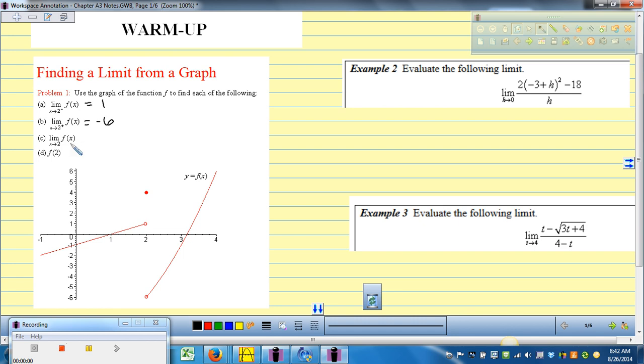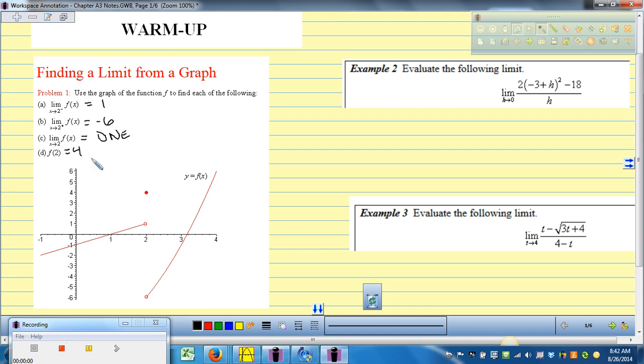They have to be the same. And in this case, are they? They are not. So the overall limit then, DNE, does not exist. All right, what about f of 2? 4. Yeah, that's just the function value at x equals 2, and that is equal to 4.